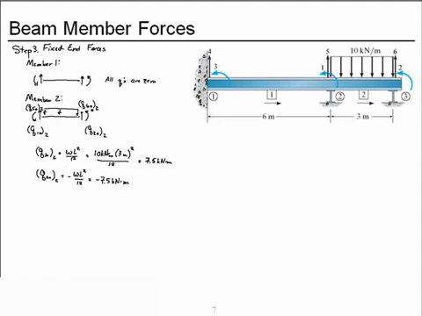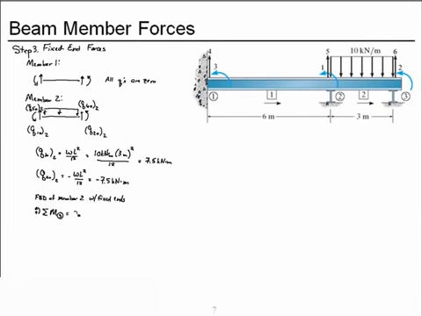Now if we consider this to be a free body diagram of member 2 with fixed ends, we can sum moments about node 3, which is the right end.